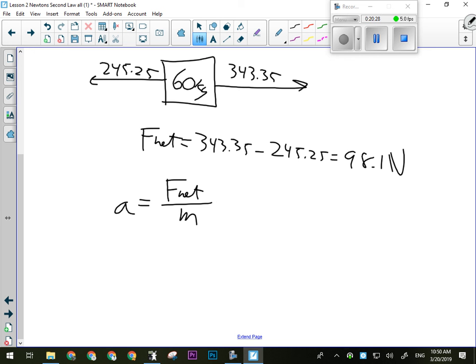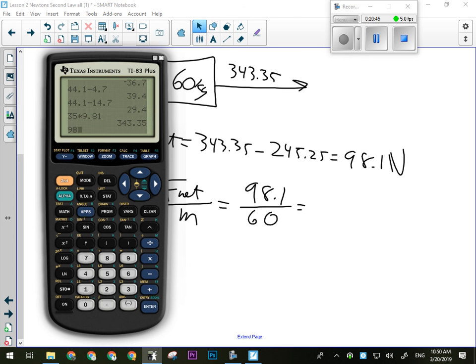What m do I use here? 60. Both of these masses accelerate at the same magnitude. One's up, one's down, right? So I still find the acceleration of the system here, 98.1 over 60, and that will give me the acceleration of the system, 1.6 meters per second squared. Then all I do is add what to that at the end?